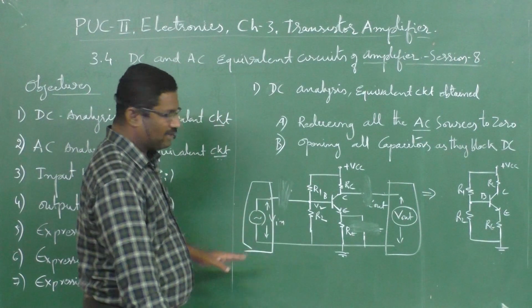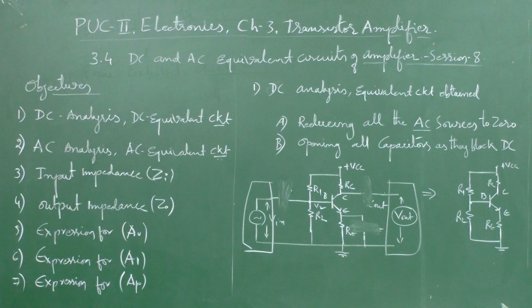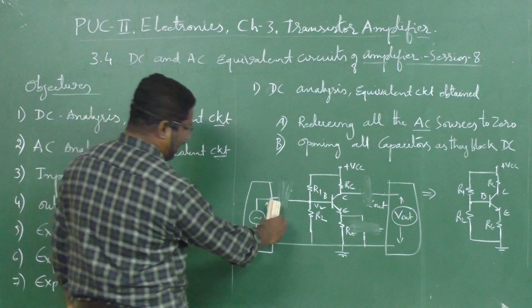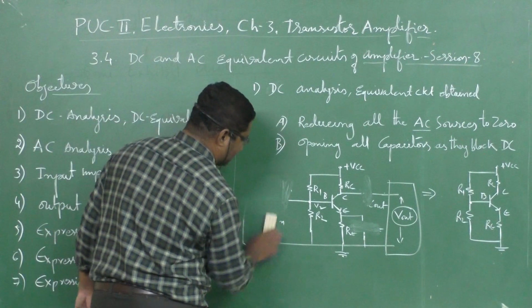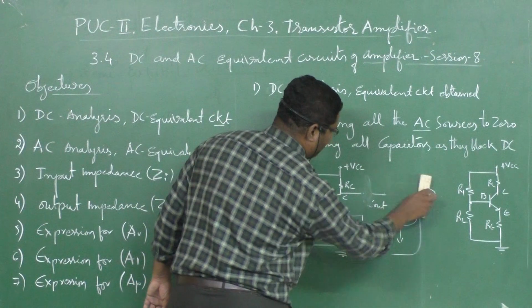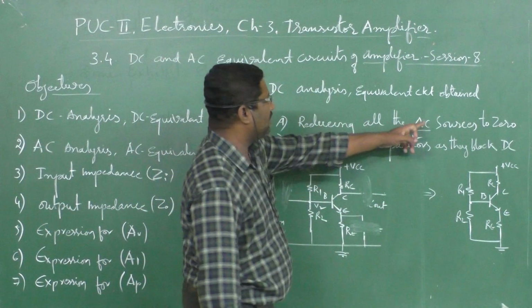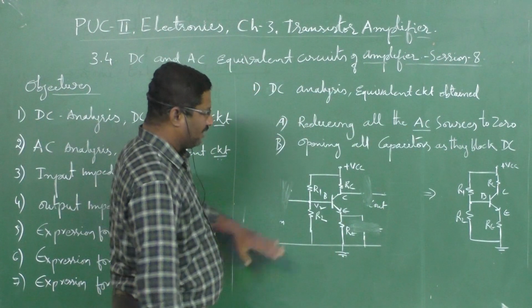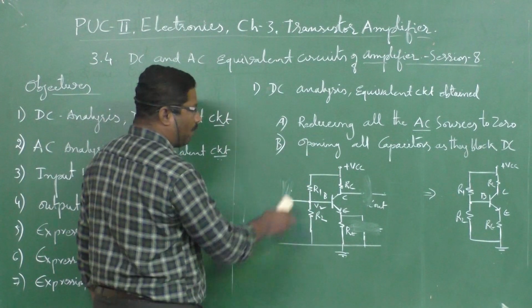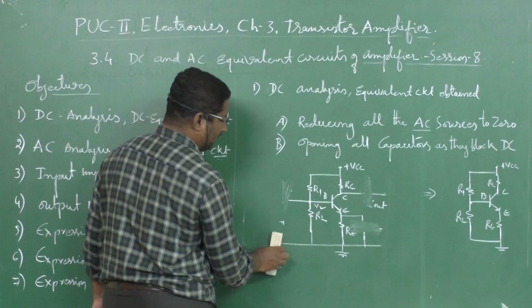So now what is left? To make it look nice, we'll write, as it is already removed, by virtue of the first condition, reduce all the AC sources to 0. So we have reduced. And what is the second condition? Opening all the capacitors as they block DC.